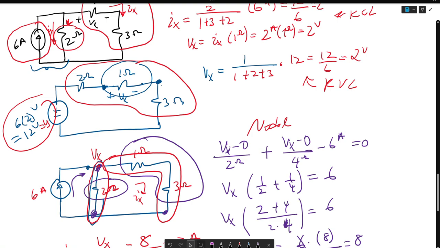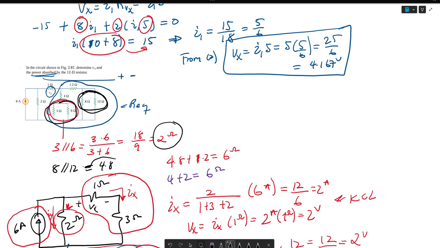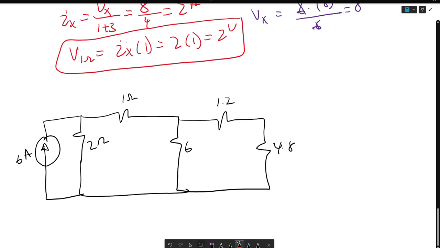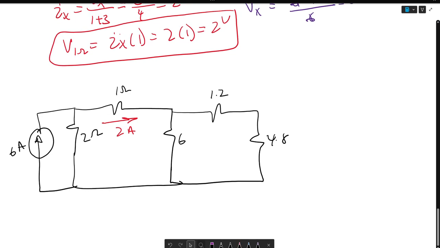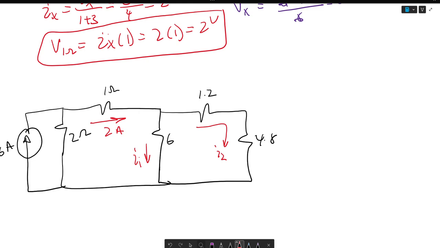Again, we get 2 by adding these resistors here. This is 2. And we get 4.8 by adding these resistors here. This is 4.8. So that's all we've done here. And we know that the current coming in here is 2 amps. And what we can say is this is I1 and this is I2.